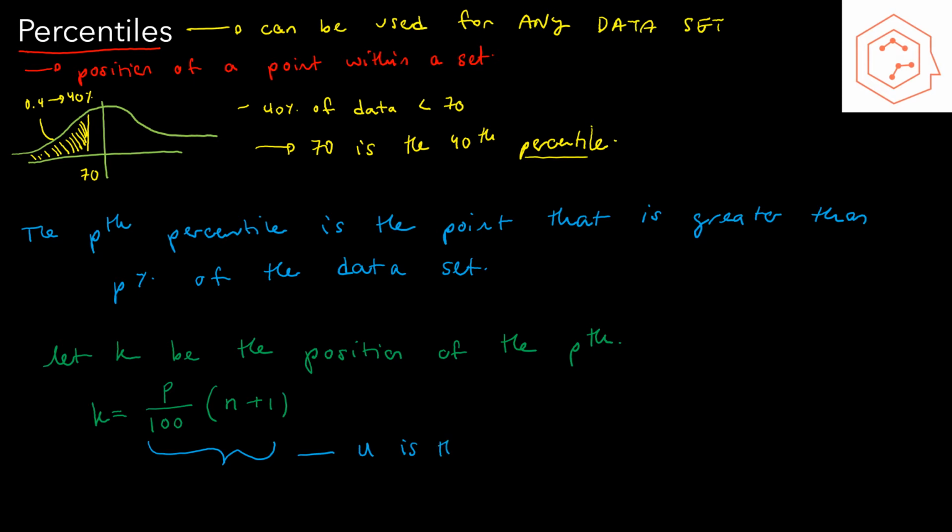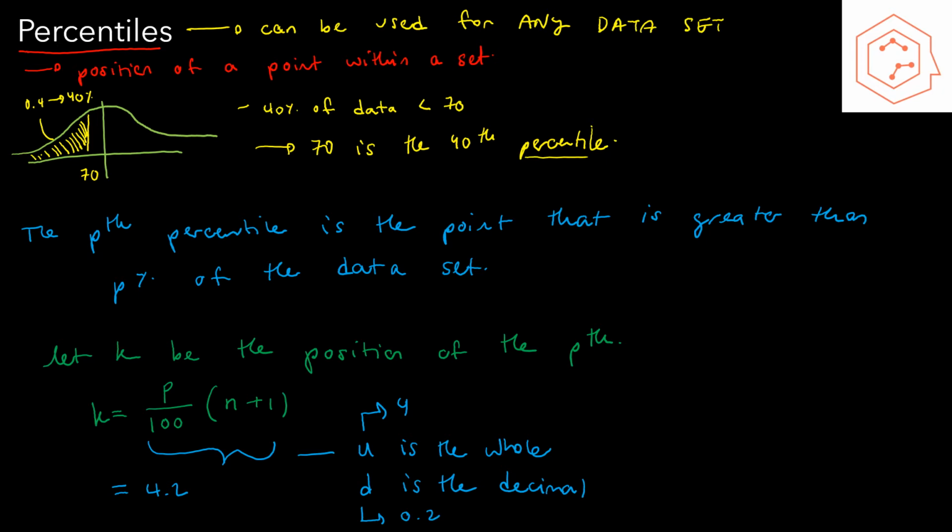Now in the case where you get a decimal as your answer, we'll say that u is the whole number and d is the decimal part. So let's say my answer for this was 4.2, then my whole number part would be 4 and my decimal part would be 0.2.